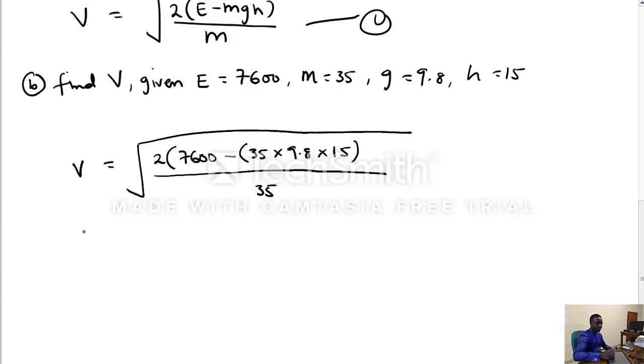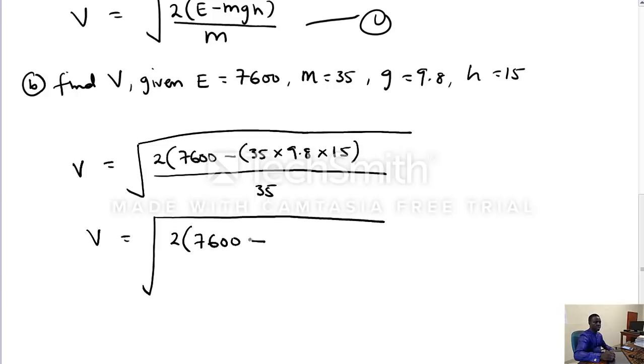So when you simplify further, you have your v to be equal to 2 into 7,600 minus, so when you multiply 35 times 9.8 times 15 is going to give you 5,145 to be divided by 35.